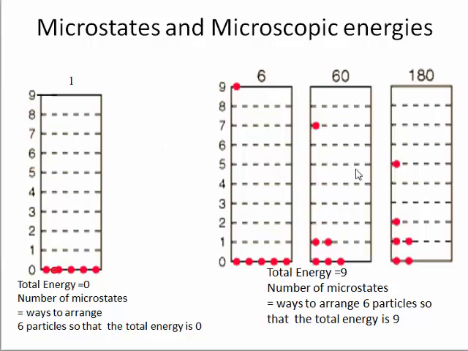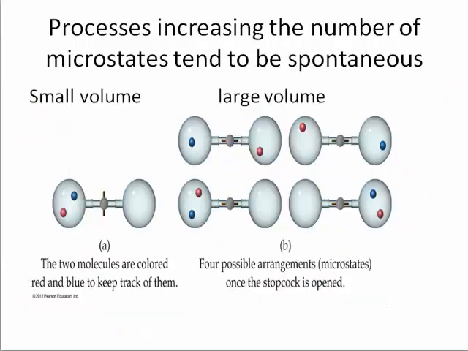From this example, we learn that the number of microstates, and hence the entropy of the system, should increase as you add energy to it. In general, processes increasing the number of microstates tend to be spontaneous. For example, if we confine 2 particles to one globe, we have, roughly speaking, 1 microstate.